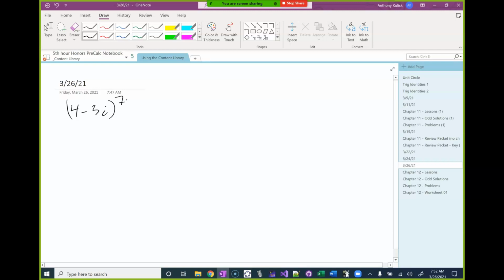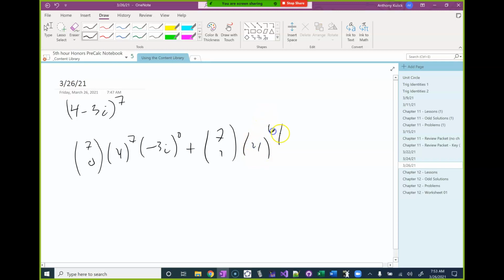I mean, I would say, heck no, I'm not going to FOIL that out. So here's what it would be. It would be 7 choose 0, 4 to the 7th, negative 3i to the 0, plus 7 choose 1, 4 to the 6th, minus 3i to the 1st, plus 7 choose 2.